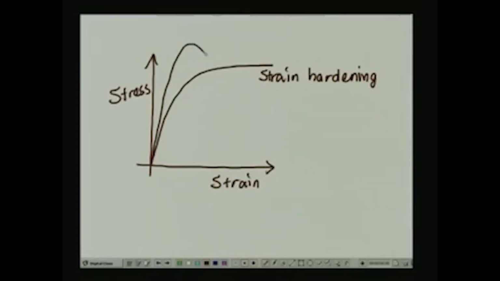Whereas if you have a strain softening material, then the response is like this. Here the material loses strength as deformation progresses. So that is the reason why, in the case of strain softening material, the movement could be quite catastrophic if a flow slide is triggered through that type of material, whereas in the case of strain hardening material, the movement is not typically catastrophic.